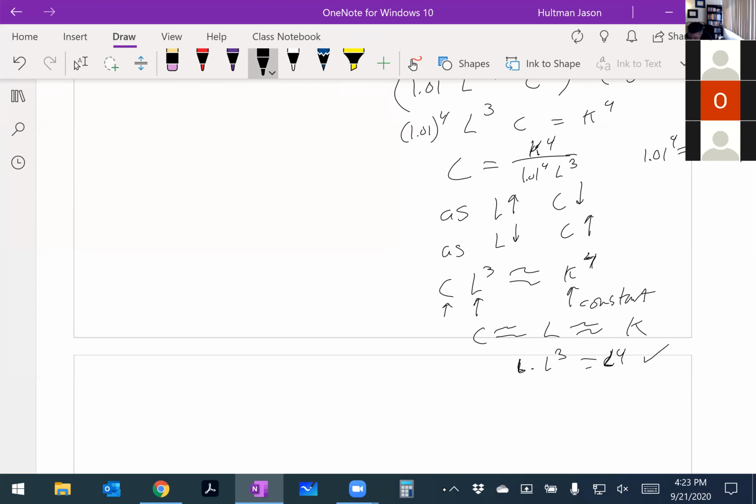And so when we go to graph this thing, okay, we can use this idea that C and L are basically the same number, just written a little bit differently, in terms of C is approximately L, which is approximately K. Okay, so if we get rid of this guy, we think of it more like this, that we have C is equal to K to the fourth over L cubed.